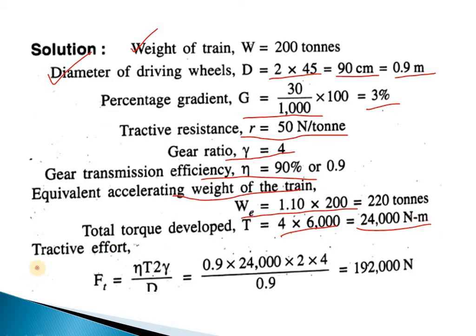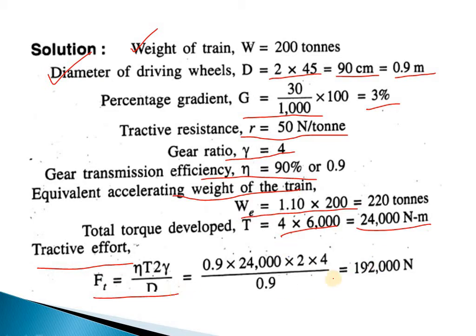Now the tractive effort we can calculate from the mathematical equation, that is Ft equals eta into T into gamma divided by D. So 0.9, 24,000, the gear ratio value 4, and the diameter is given as 0.9.